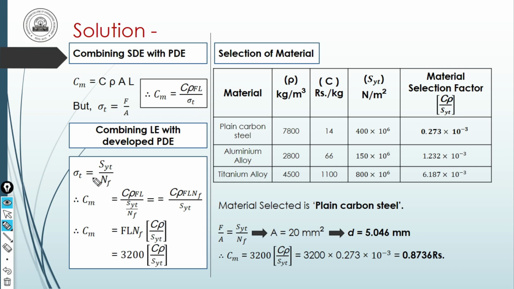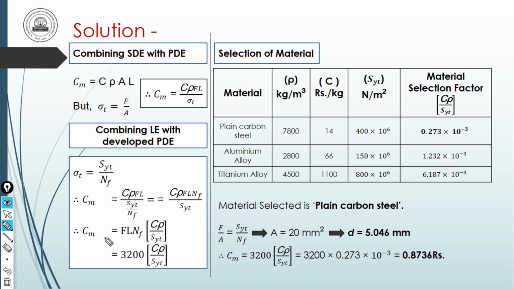So substituting now this sigma T as SYT by NF in this developed PDE as Cm is equal to C rho FL upon SYT by NF. Now if we rewrite this equation, it is C rho FL into NF by SYT, that is yield strength.